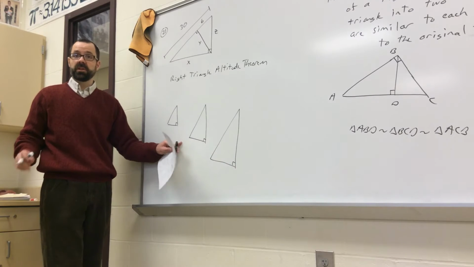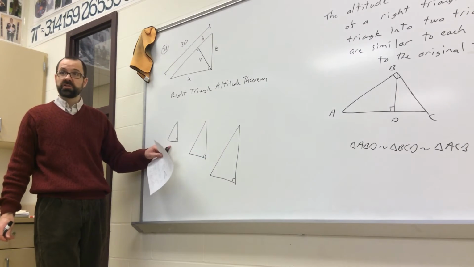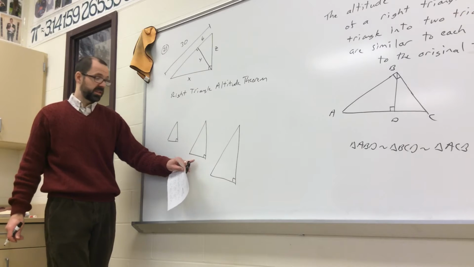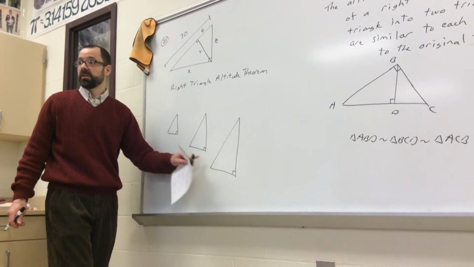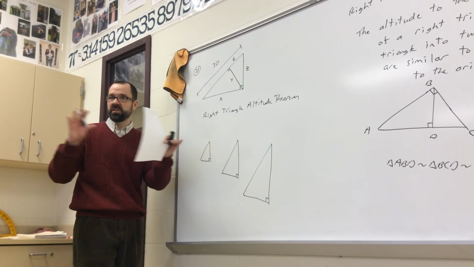According to the theorem, these are all similar to each other. So if you enlarge the mini one just a little bit, you'll get the medium-sized one. And if you enlarge the medium-sized one just a little bit, you'll get the biggest one. So they're all the same shape, just not the same size.